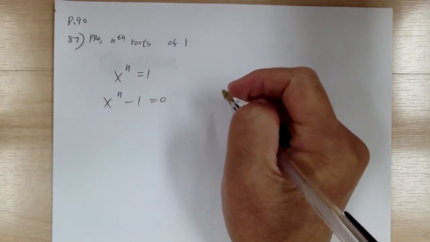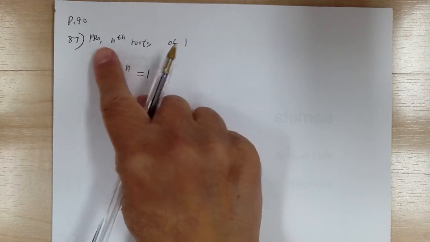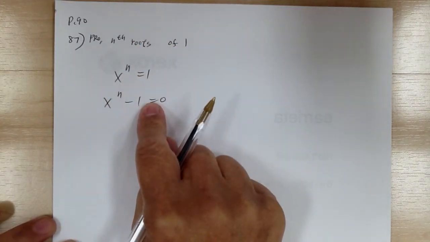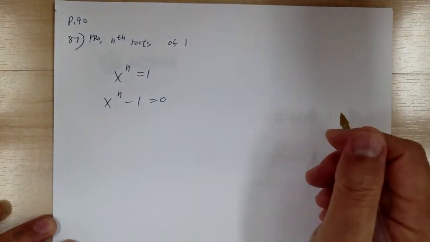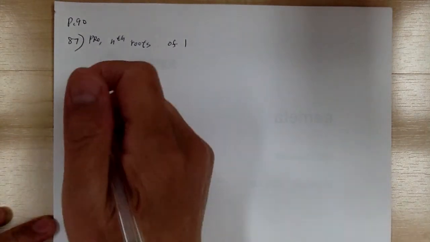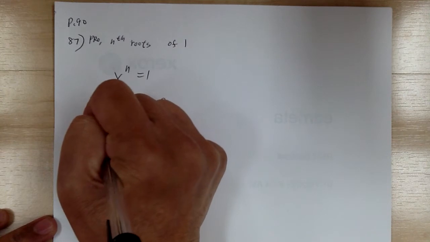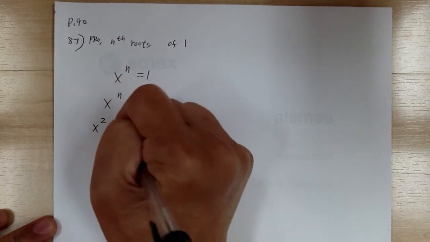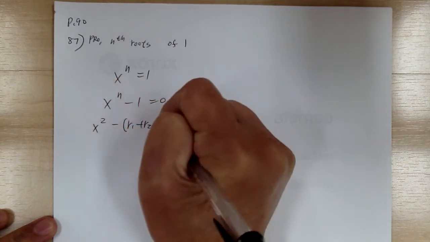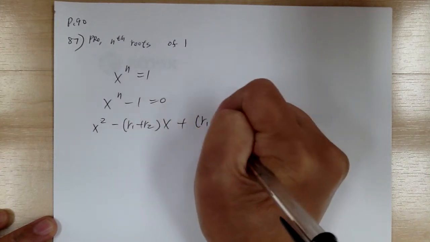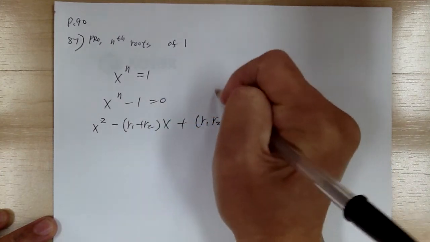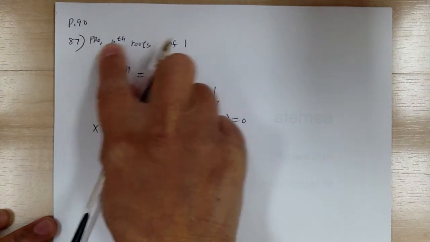And so to find the product of all the roots, if you remember your root theorem, the root equation. For example, if you start with the quadratic equation, you get x squared minus (r1 plus r2)x plus r1 r2 equal to 0. So here is the product of the roots.